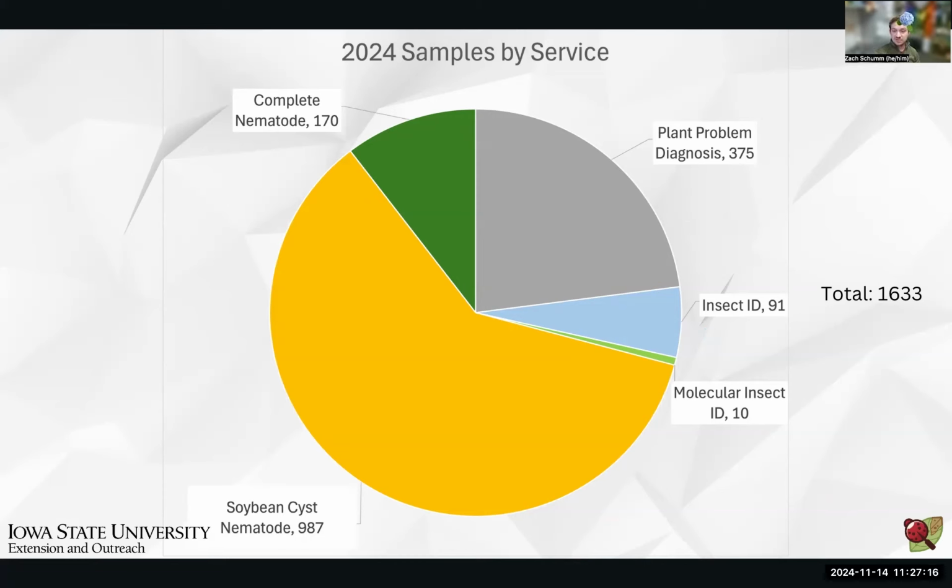Insects that come in on plant samples are looped into the plant problem diagnosis as well. So there are really several hundred insects being identified reflected in these numbers. However, it's just not including all those photo diagnostics, which I would say is the majority of what I do in the clinic: photo insect identification and spider, mite, and relatives.